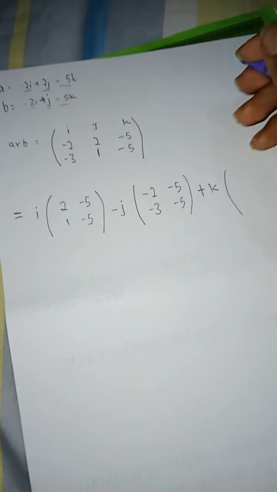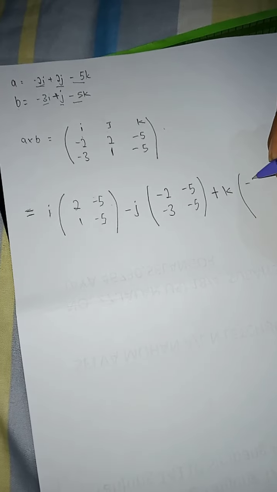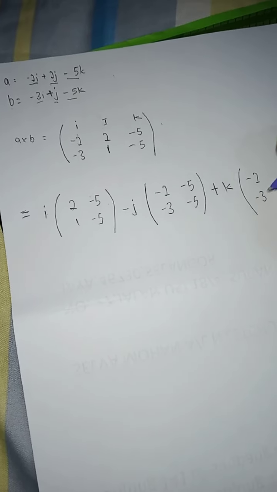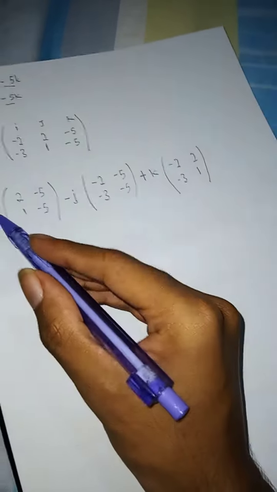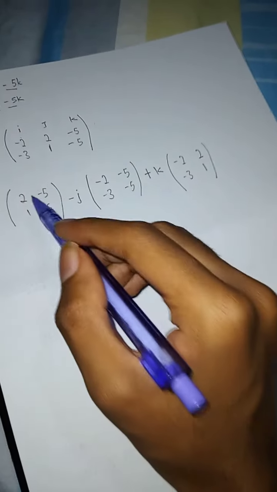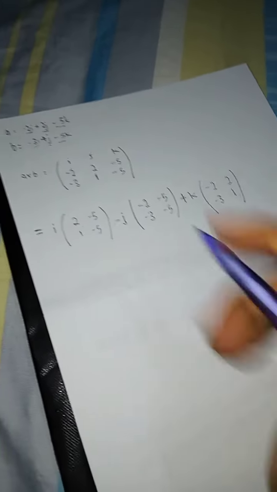If you want K, you have to take I and J. So -2, -3, and 2, 1. Actually this is the formula. We have to fill it up with your question only inside. It's very simple.